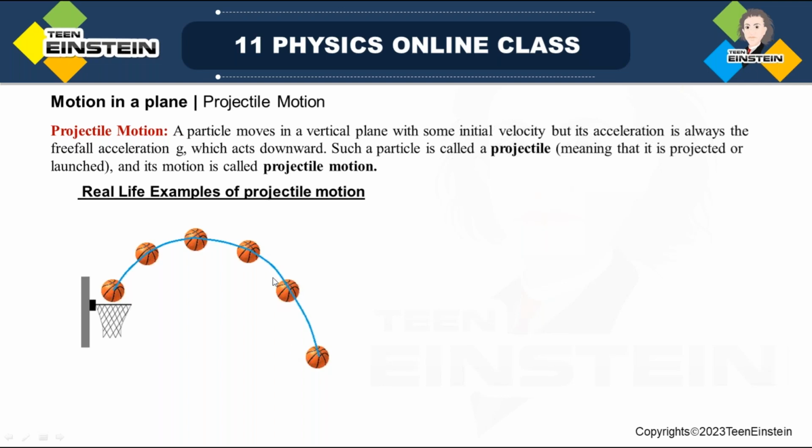You can look here very nicely that the ball is moving in the vertical direction as well as in the horizontal direction, and that's how at some point it goes to the net. So this is how a projectile moves in two dimensions.